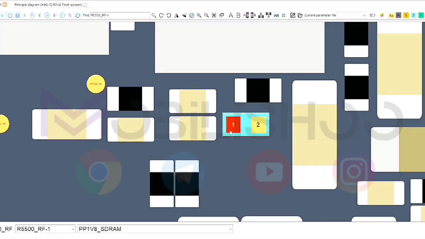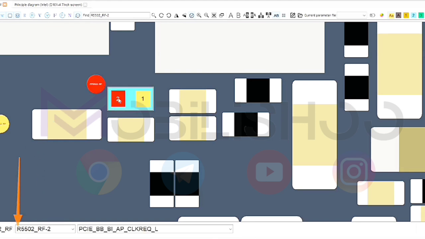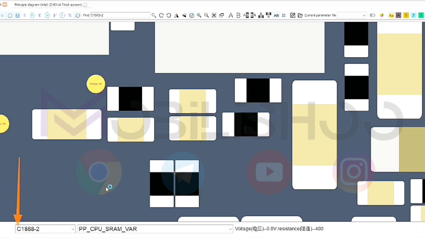The next component is the same. Just keep in mind that the color scheme of the components is not reliable. As you can see, a black component can also be a capacitor, showing the C term. So the standard color scheme of the components is not correct.